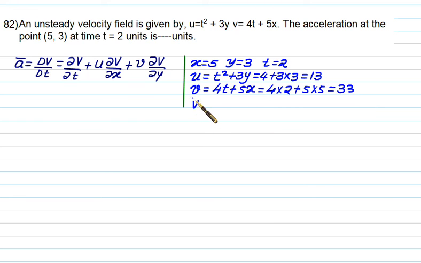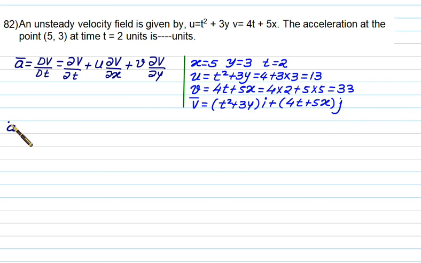And we have the velocity vector v bar equal to (t² + 3y) i + (4t + 5x) j.